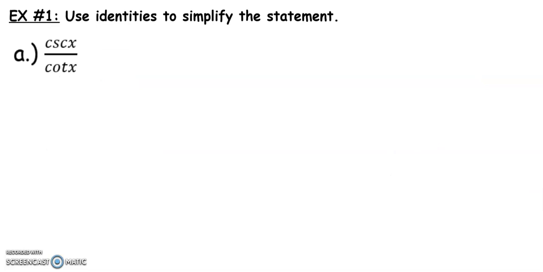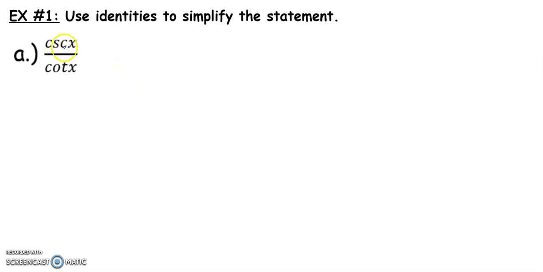What we want to do is simplify our statements. We want as few trig functions in our answers as we can. So immediately when I notice this, I usually like to start by writing everything as sine and cosine if I can. That's just kind of what I like to do.